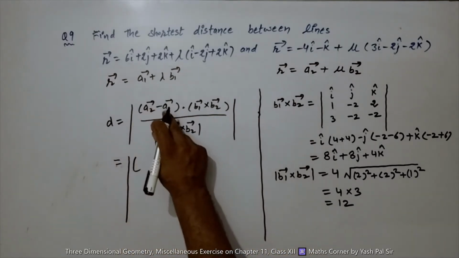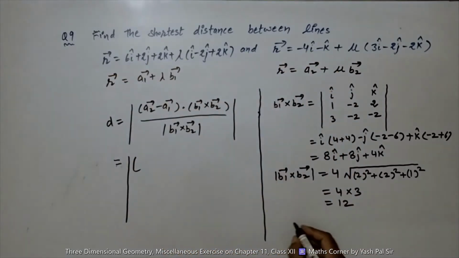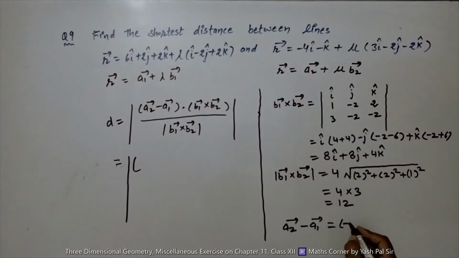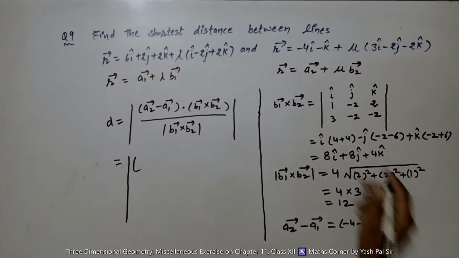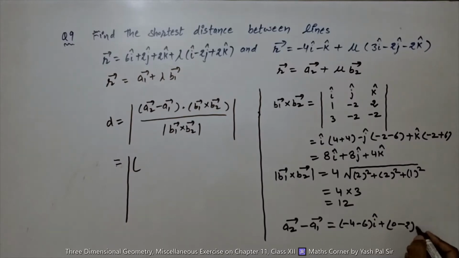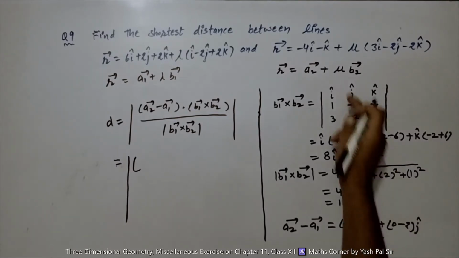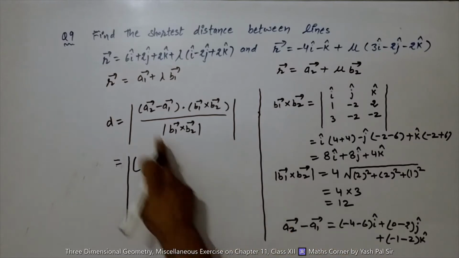So here the shortest distance formula gives us a2 minus a1. a2 is this, minus a1, we can write vector a2 minus a1, which is equal to minus 4 minus 6 i, plus 0j minus 2j, plus minus 1 minus 2k.